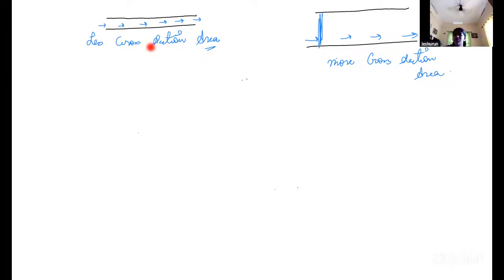So in option A, the water will struggle to pass through the pipeline. So from this, what we got is that if I increase the cross section area, will the resistance become more or less?